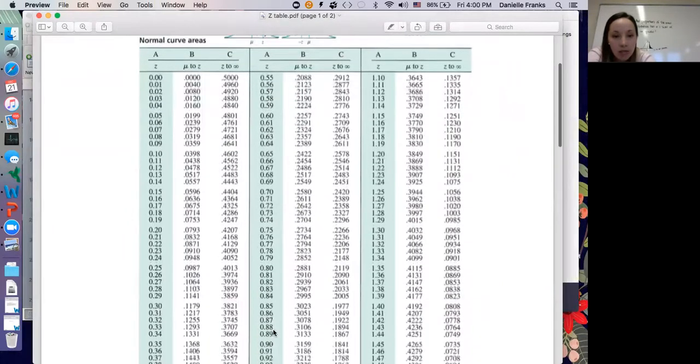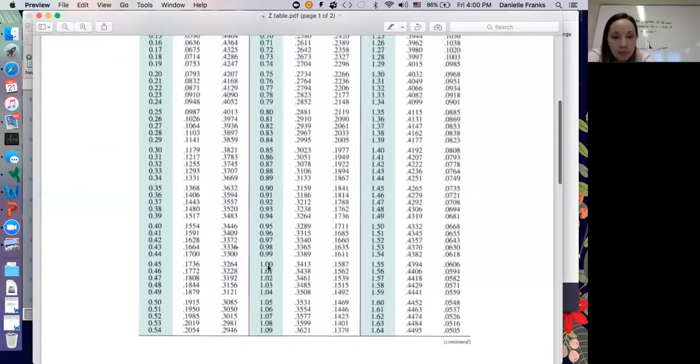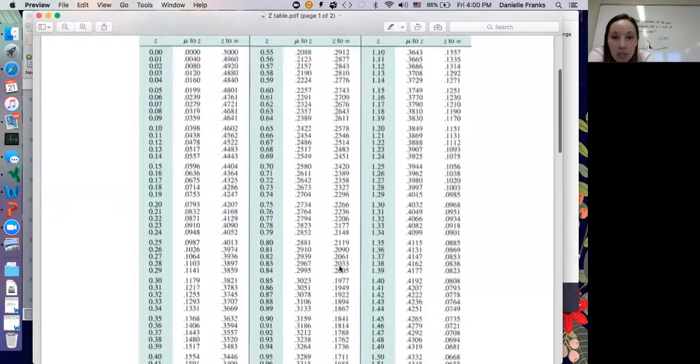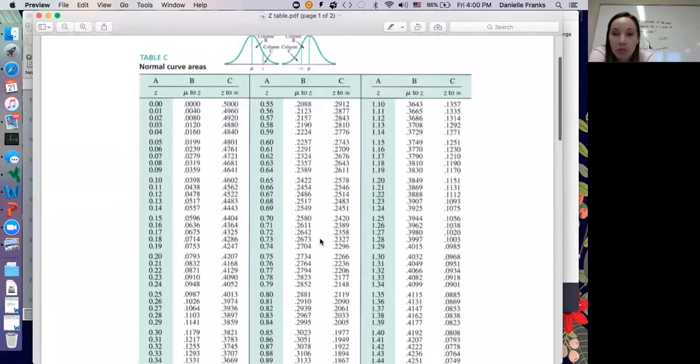So we find z of 1. And our z to infinity, if we scroll across here, our value there is 0.1587. So that is the value that we are interested in because it falls in the z to infinity column here.